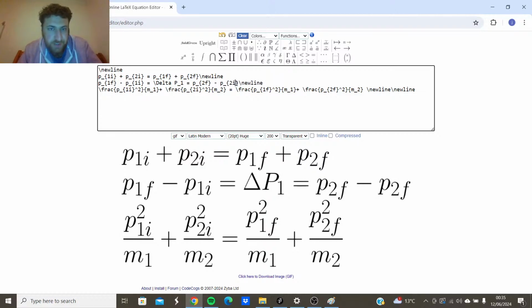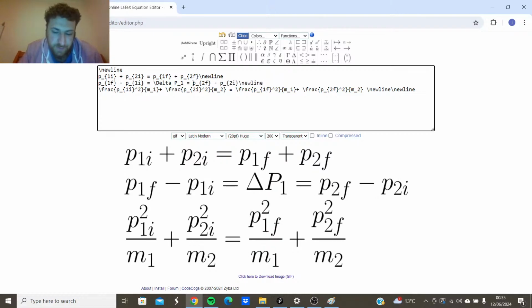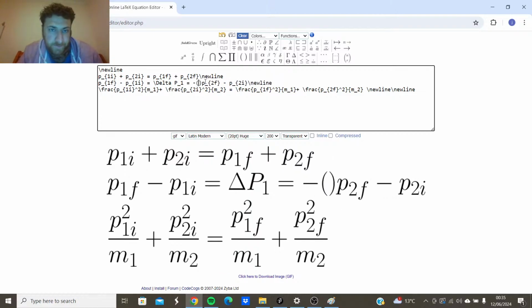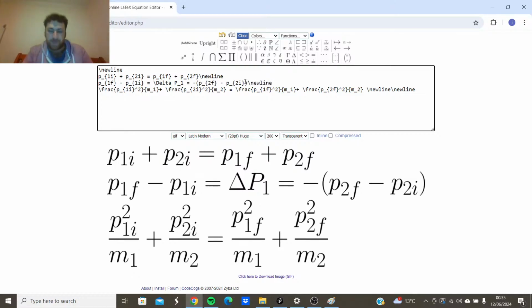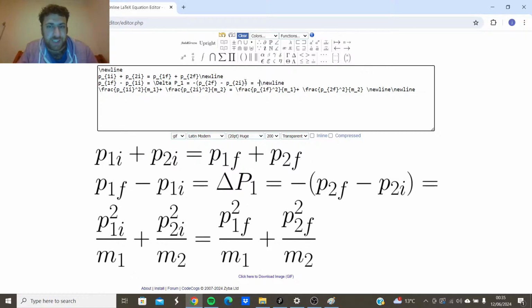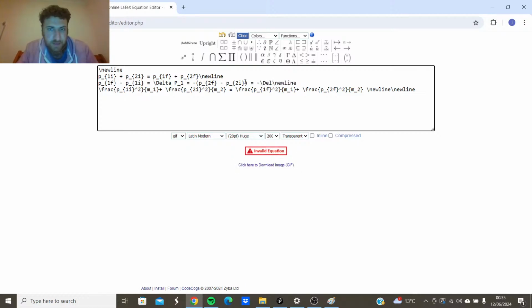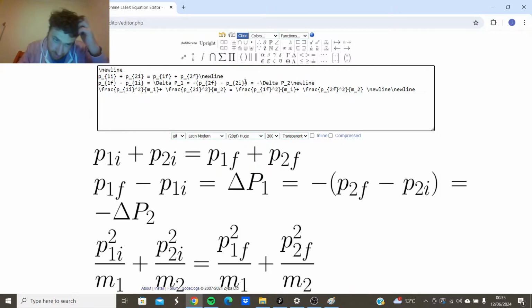So we can swap that around, place a negative in front, and that is just equal to the negative of delta P2. And all of this is equal to the impulse, and the impulse is just going to be the same as delta P1.